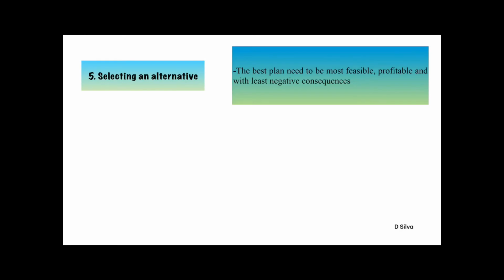Fifth step in the planning process: selecting an alternative. The best plan needs to be most feasible, profitable, and with the least negative consequences. Having identified your alternatives and evaluated them, now you need to select that best alternative which is feasible, suitable, profitable, and at the same time with less negative consequences.